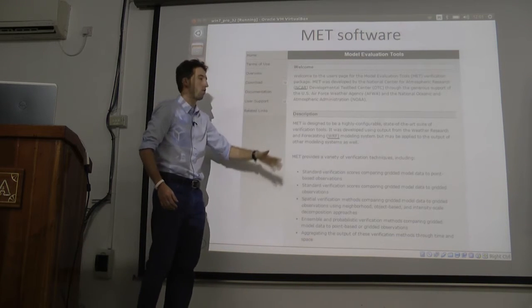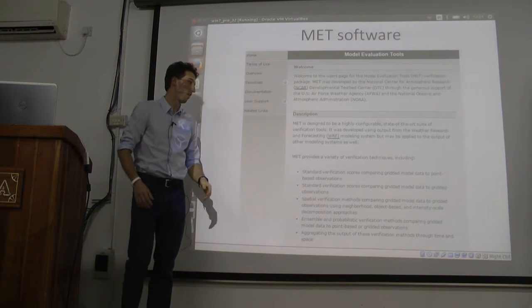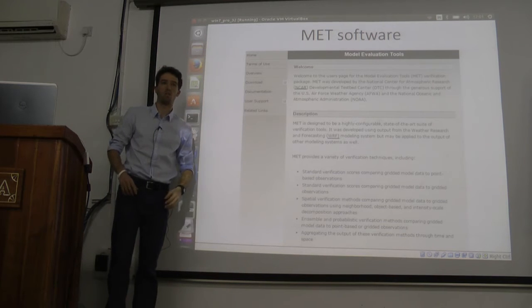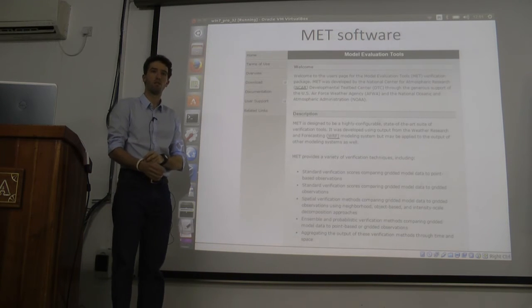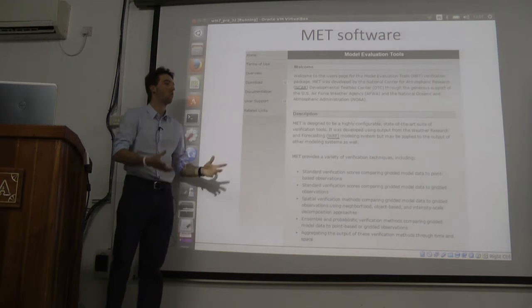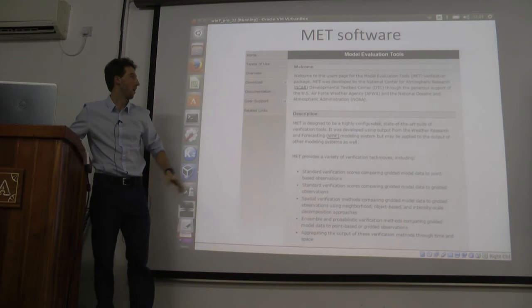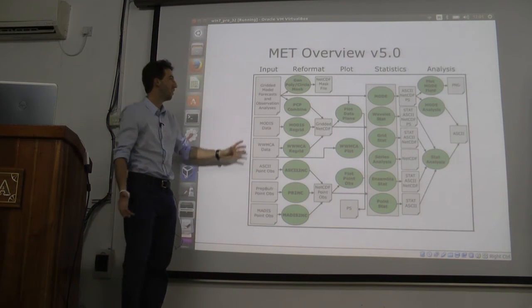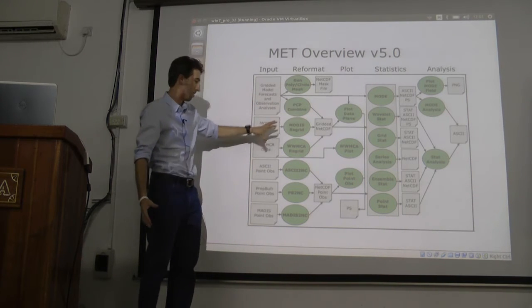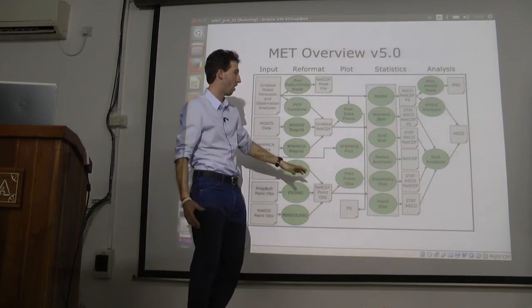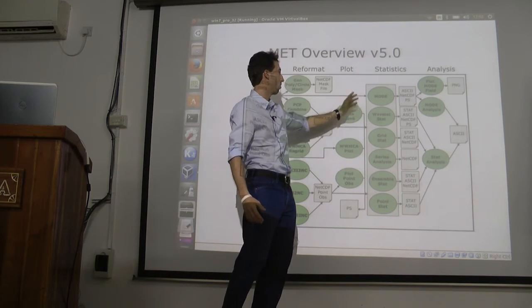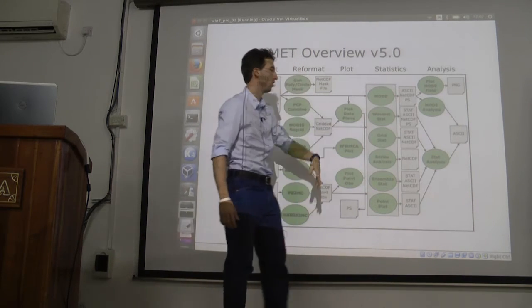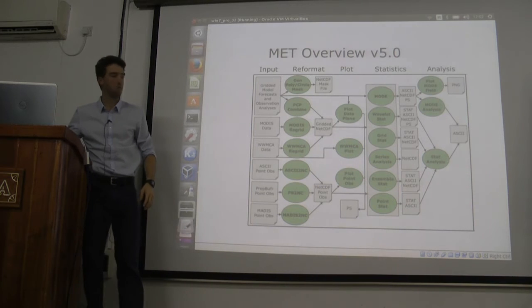There are a lot of descriptions on this web page, and I really recommend you check this web page once in your life, because there are a lot of tools that can help you. This software is another model. It gets observations and analysis, ensemble data, model output from WRF, and then creates pictures and ASCII files for comparisons.